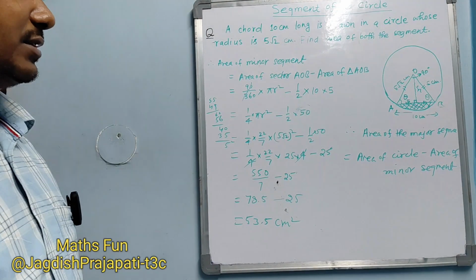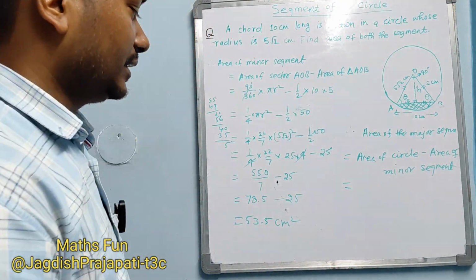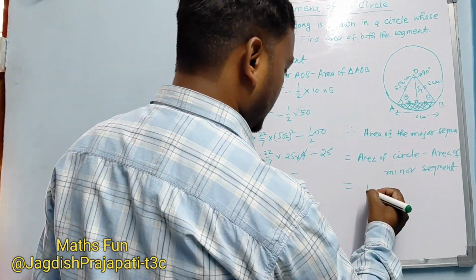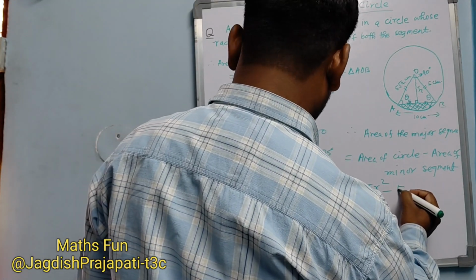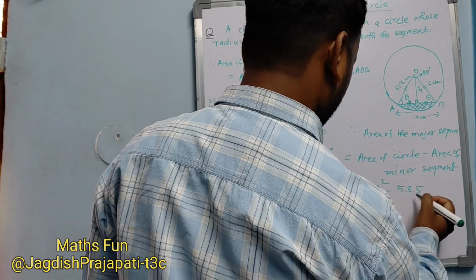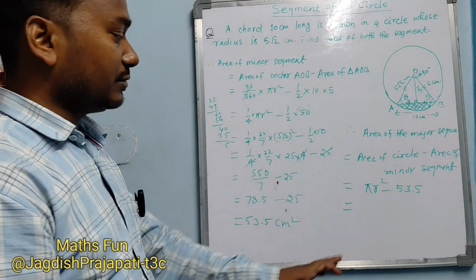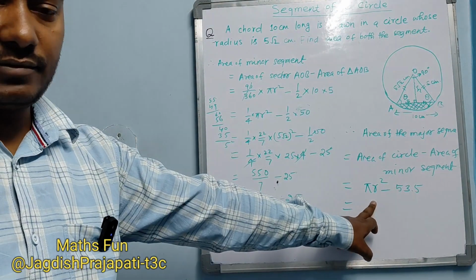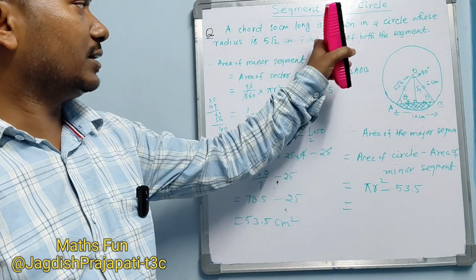So your area of circle will be pi r square minus the area of the minor segment. So now use the value of pi and r square and then simplify it. You will find the area of the major segment.